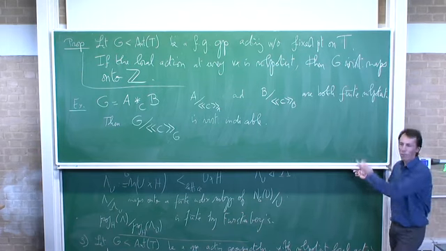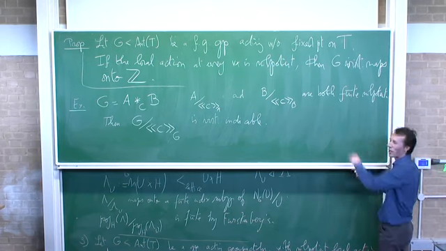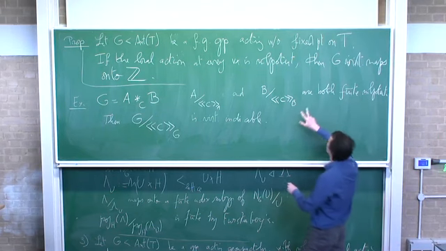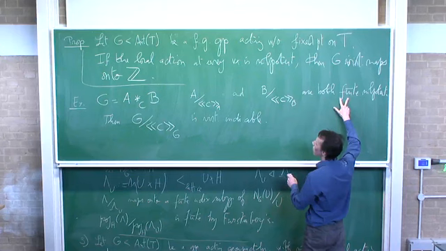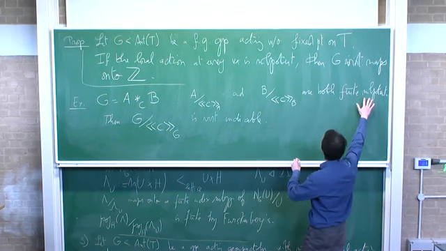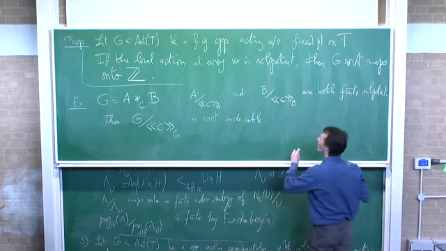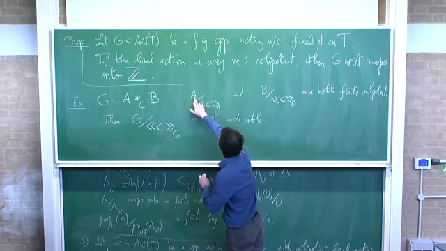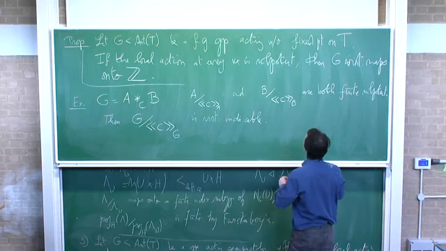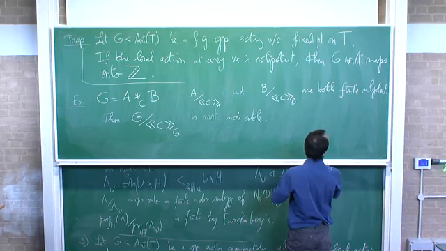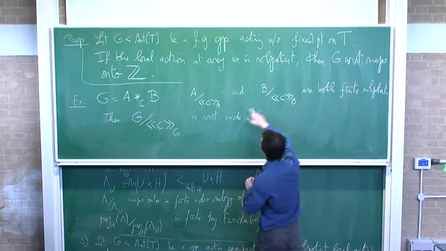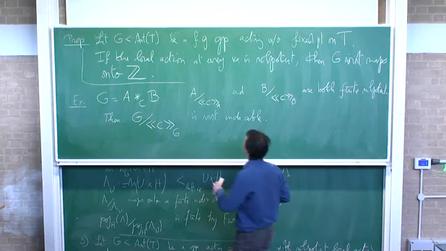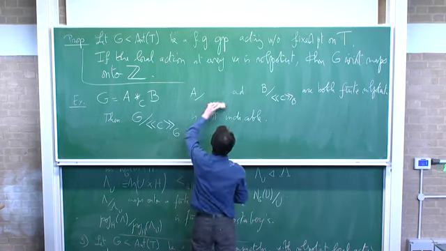That could be a homework project if you teach a class on Bass-Serre theory. The only thing about these nilpotent groups that I use, I don't really use the fact that it's nilpotent. The only thing I use is the fact that... it's not the normal closure. This is the normal closure, but here I want to write the normal core.